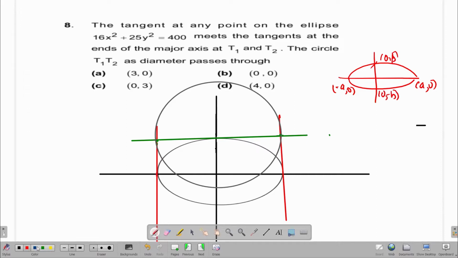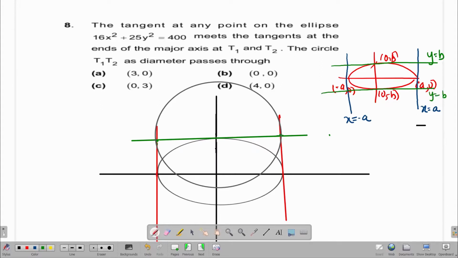The four tangents we can see are, first, at this end of the major axis, x equal to a, and this is x equal to minus a. Two more tangents are at the ends of the minor axis. This one is y equal to b, and this one is y equal to minus b.